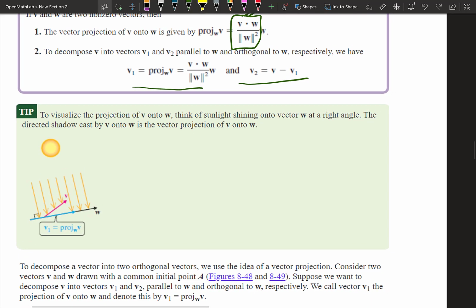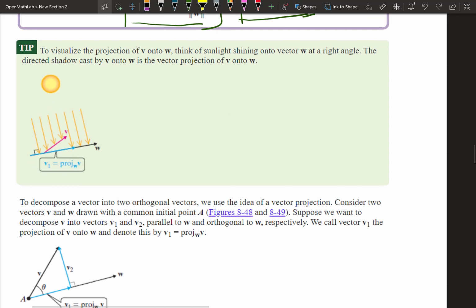So we're going to use these in some applications here in a moment. And then just to help visualize this, if we have vector v here, this pink vector, going at some angle, and the sun is shining straight down, so perpendicular, or in other words, orthogonal to w, the projection of v onto w is simply the shadow cast by vector v, right?